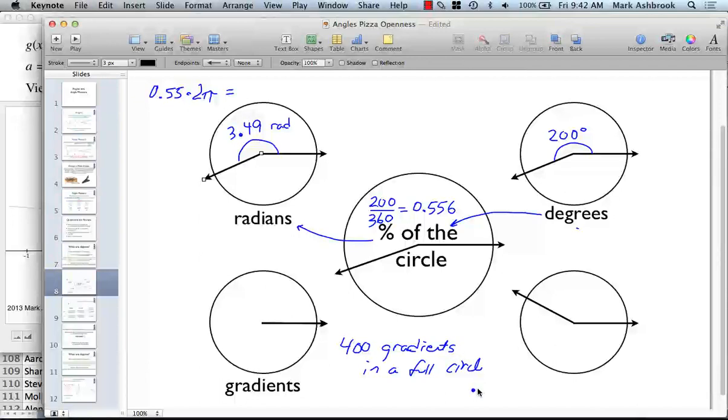Okay, so first I want to find what 200 degrees is in gradients. The same angle, 200 degrees. What is it in gradients? Go. What is 200 degrees in gradients?